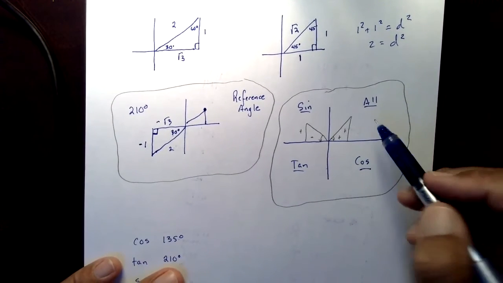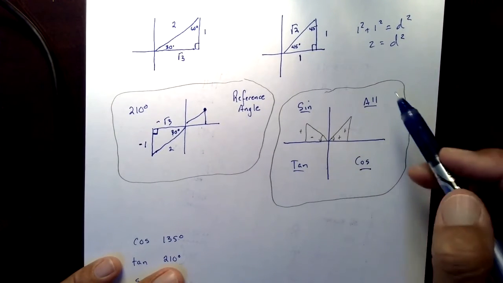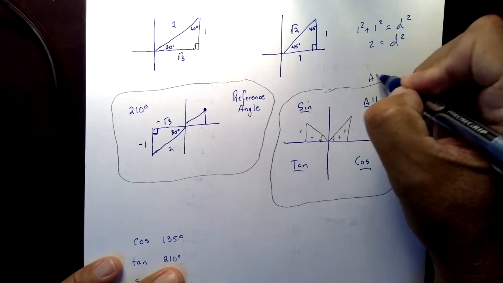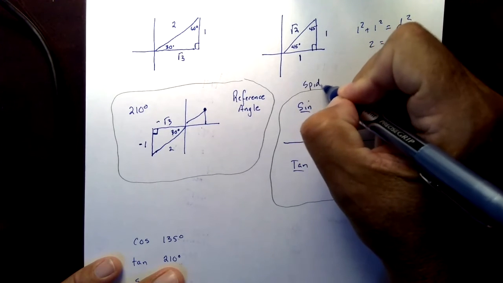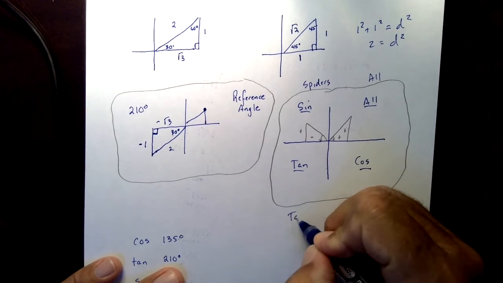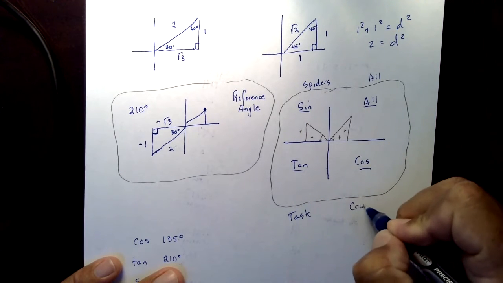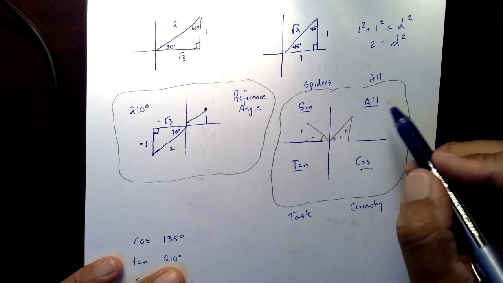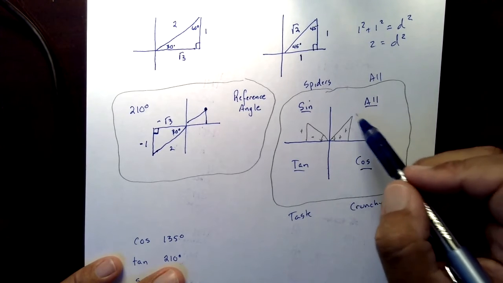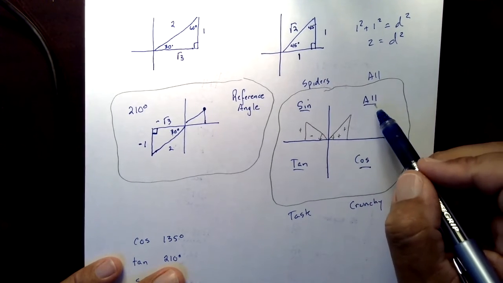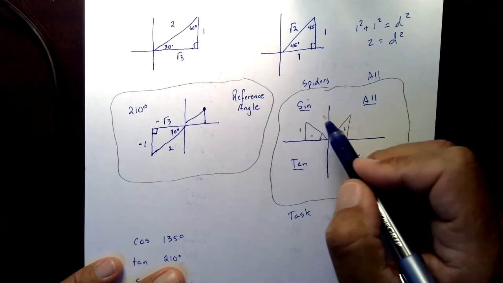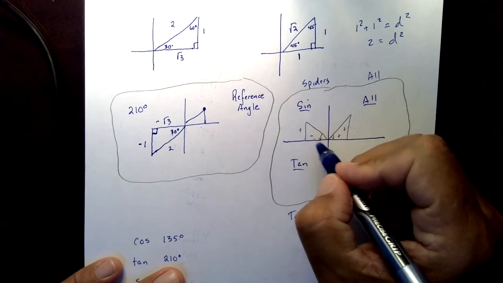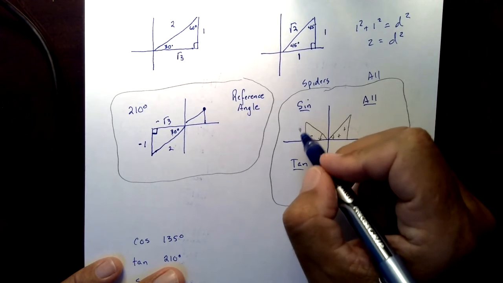And what results here is something that looks like this: all, sine, tangent, cosine. And some people will say all spiders taste crunchy. What this means is all of the measures in this first quadrant are going to be positive. When I go to the second quadrant, if I draw a reference angle, I see that this value is negative and this is positive.